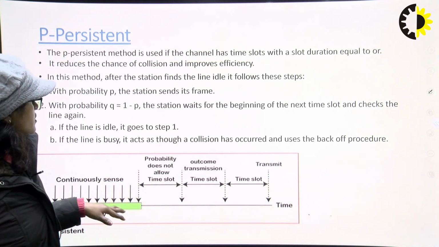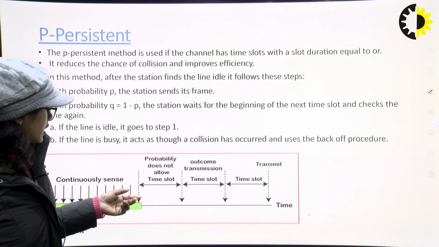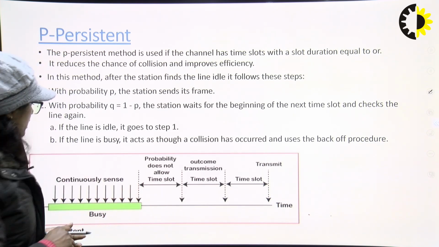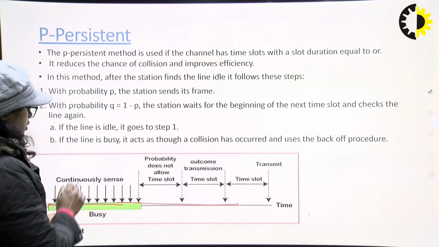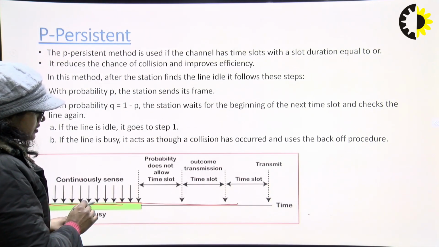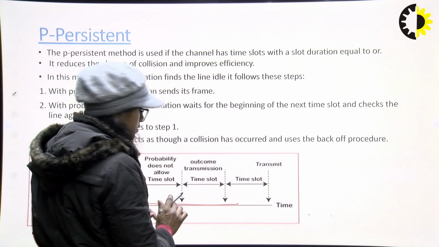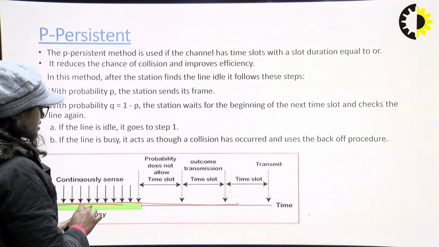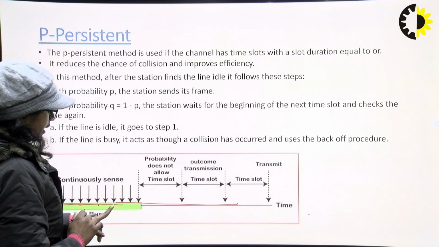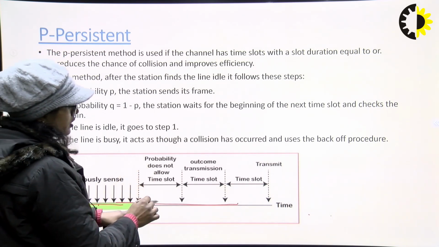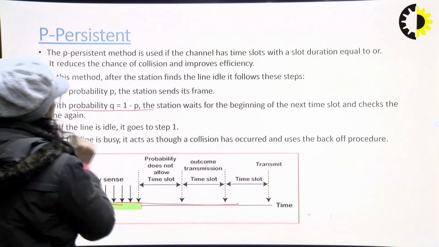In the p-persistent method, to overcome both previous methods, the device firstly checks the medium continuously. If the medium is not idle, it waits for a probability time and performs some steps.